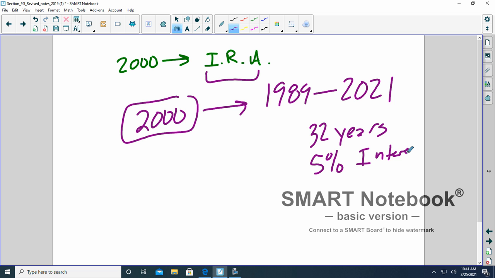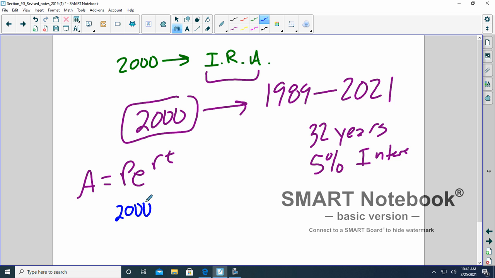And it compounds continuously. So if I use the equation I just had, if I truly track this money, and this was the only money I ever invested, it's going to work like this.